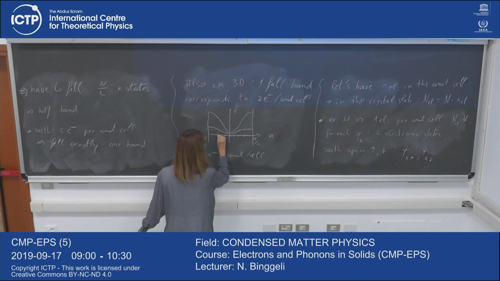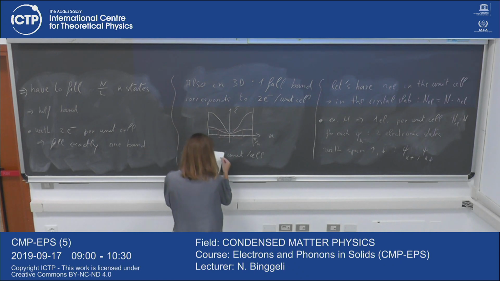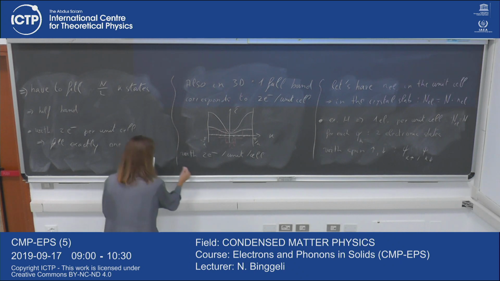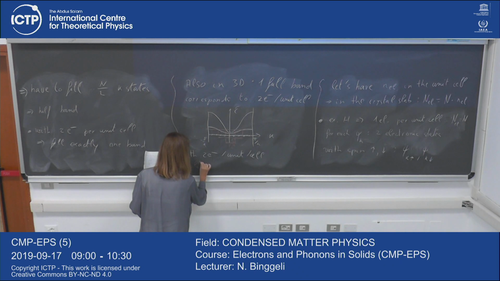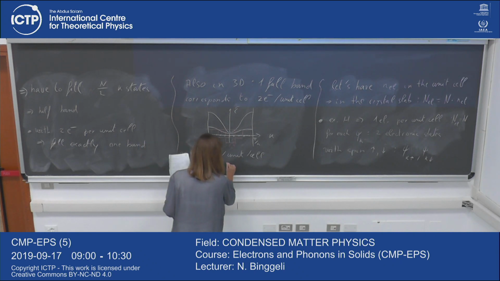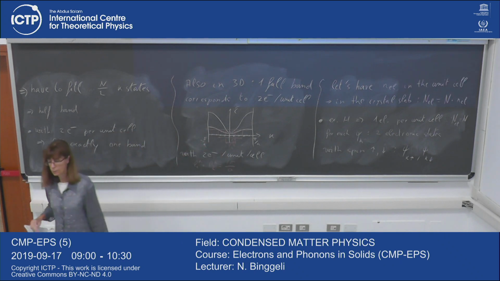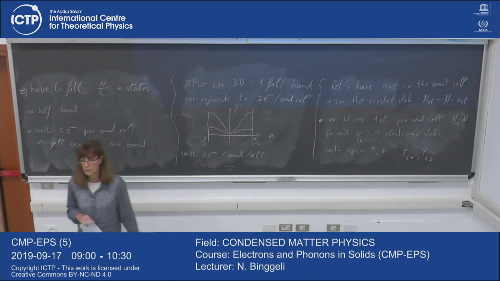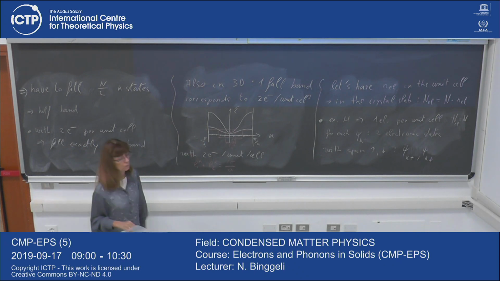So I have to fill up to an energy such that the length here, which I will call L1K, and the length here, which is L2K, with 2 electrons per unit cell, satisfy L1K plus L2K equal to 2 pi over A. That is the total length of the Brillouin zone, in order to have exactly n states that I will fill when I have 2 electrons per unit cell.